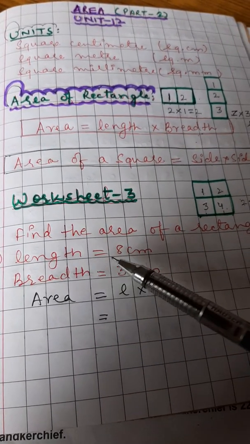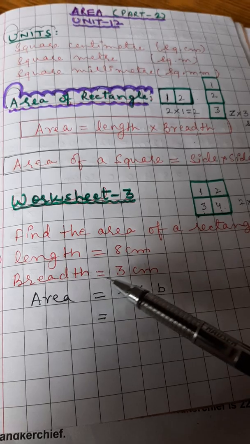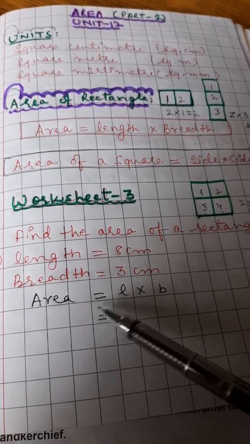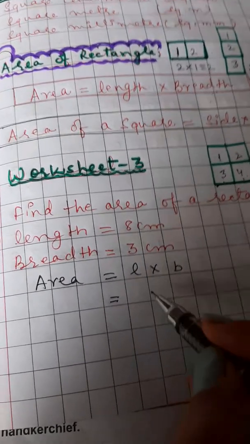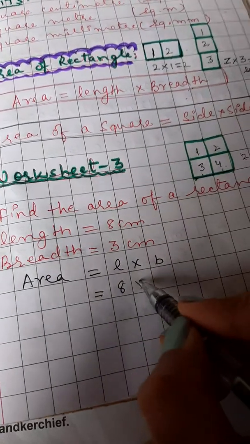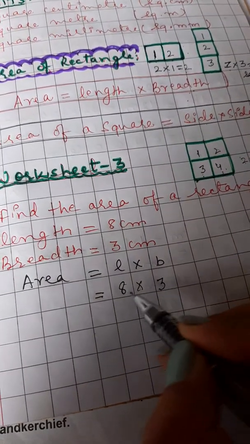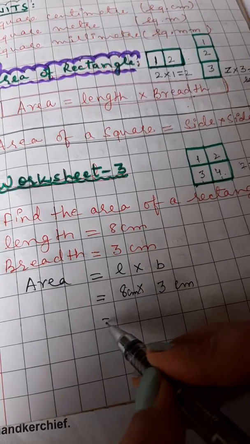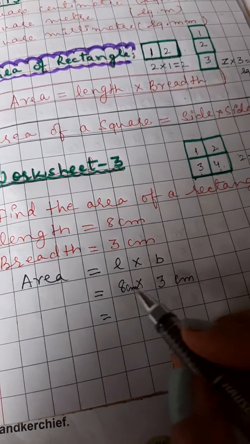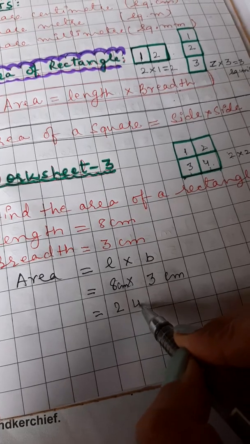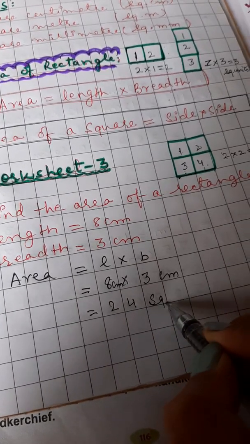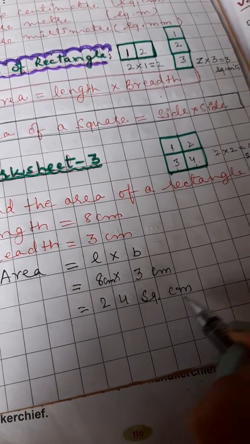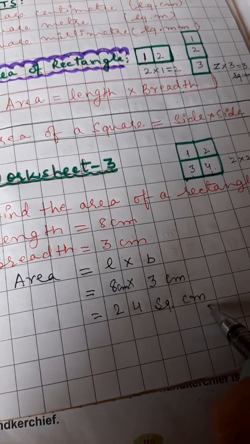First write length is equal to 8 centimeter, breadth is equal to 3 centimeter and area is equal to length into breadth. That means 8 centimeter multiplied by 3 centimeter. Write centimeter also here. So this is equal to 8 3s are 24. So 24 square centimeter. Not only centimeter, just write square centimeter.